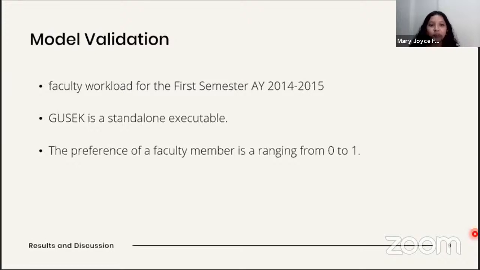And the preference of a faculty member is a value ranging from 0 to 1. Yung study na to sa first sem faculty load, ginawa ng value. So, dun natin nilagay yung 0 to 1. Ibig sabihin kung ano yung mas preferred niya, dun mas mataas yung value, pero hindi lalagpas ng 1.